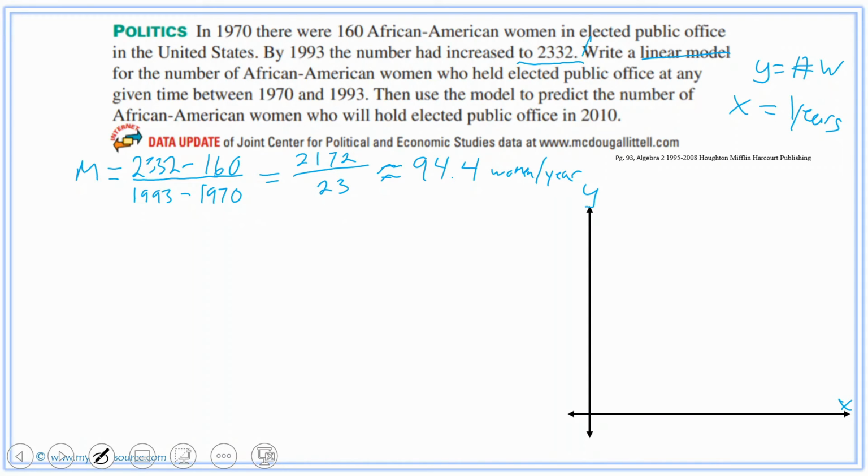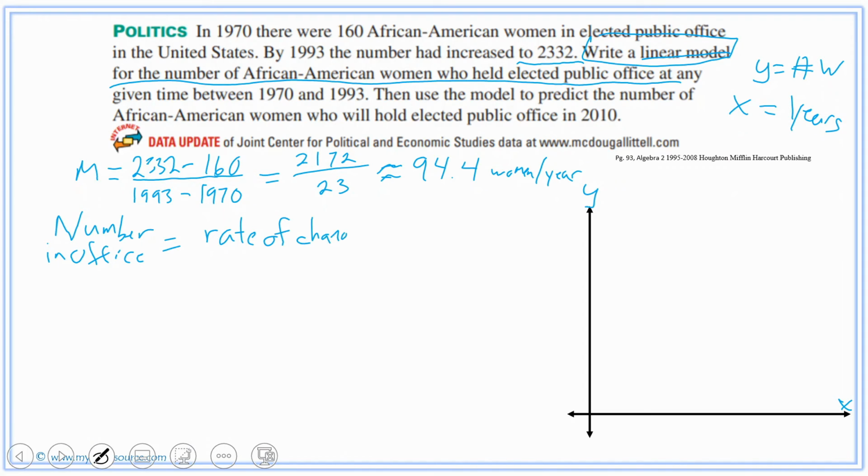Now that we've done that, we have to write a linear model for the number of African American women who held public office at any time between those dates. So remember, rate of change is always next to your x value. If it helps to write this out, the number in office is going to be equal to your rate of change, which is your slope, times the x.